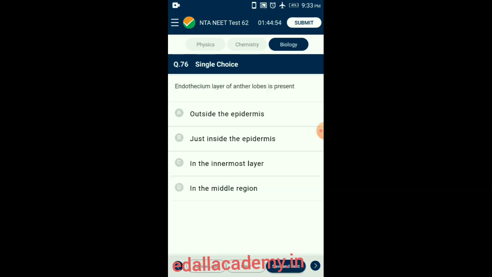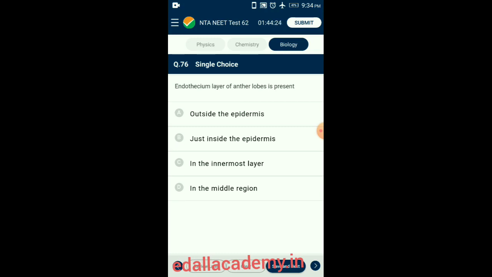Question number 76. The endothecium layer of the anther lobe is present. The structure of the microsporangium in a transverse section: a typical microsporangium appears nearly circular in outline. It is generally surrounded by 4 wall layers: the epidermis, endothecium, middle layers, and the tapetum.